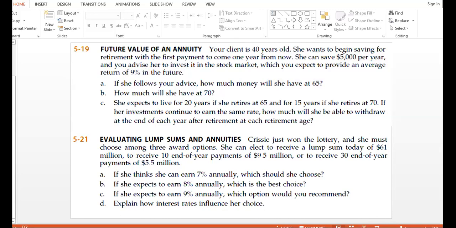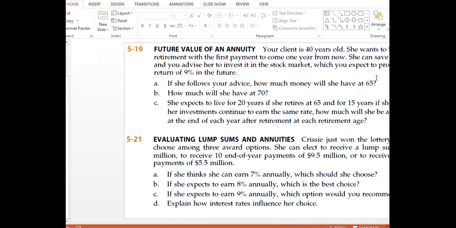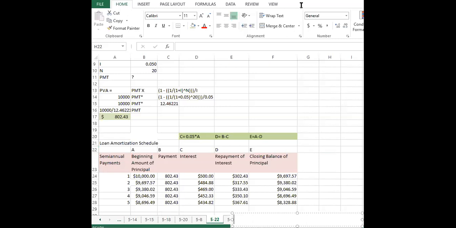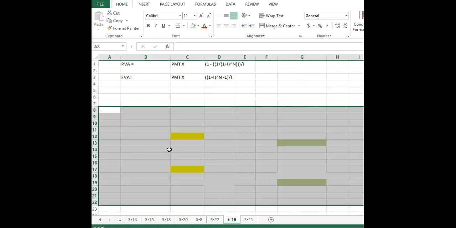So in the first part, the retirement age is 65. The second part, retirement age is 70. 5-19. This one.